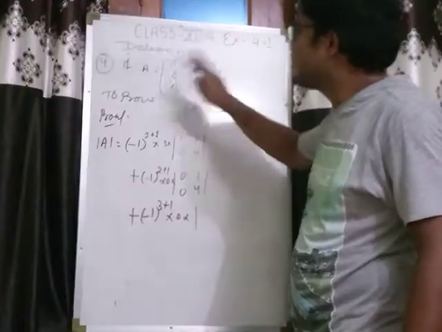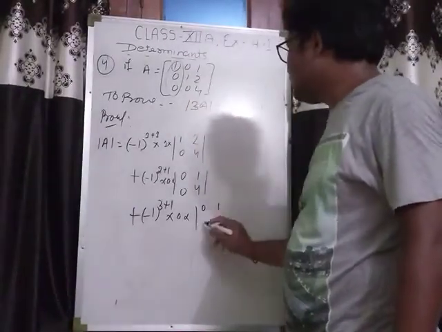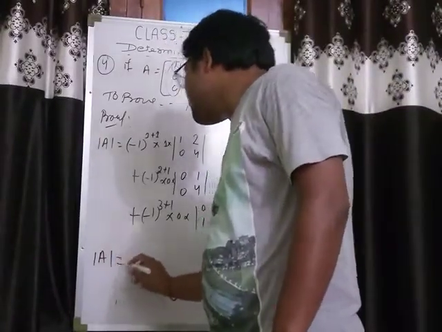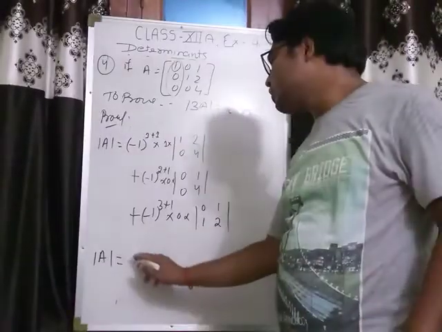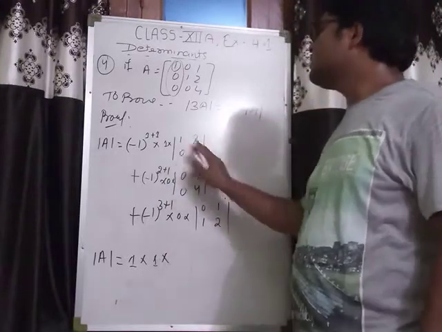So what we have? [0 1; 1 2]. So determinant of A will be equal to, see, -1 to the power 2 is +1 into, this is 1 into determinant of this one.